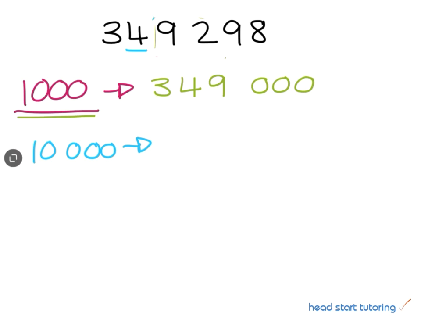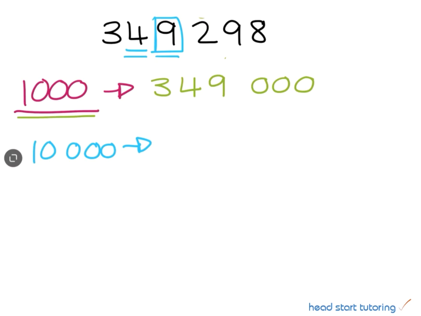So we can then have a look at our thousands column, and we have 9 thousands in this number, which means that the place value we are looking to round off, our 10,000s, is going to become one digit greater. So our 4 is going to become a 5, because the place value to the right of our 10,000s column is 9.